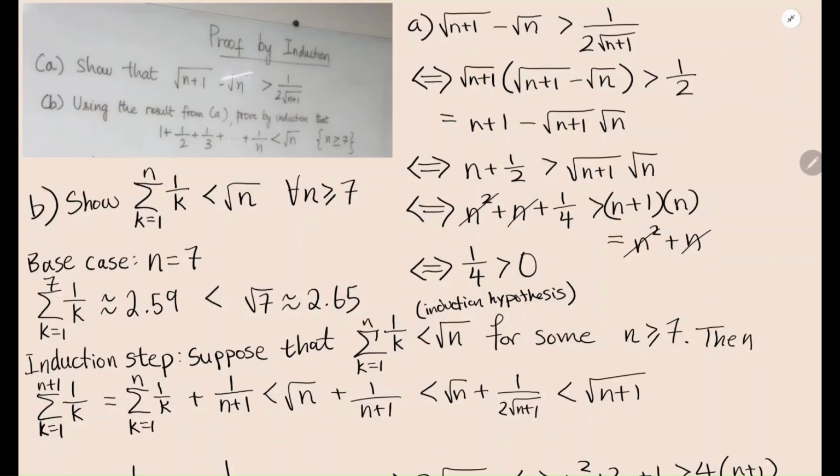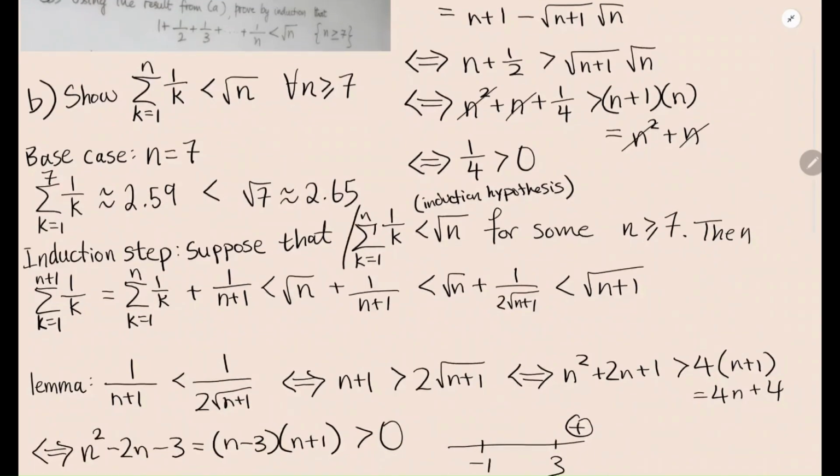Which is good, because I simply showed that if this was true for a specific n greater than or equal to 7, then the next term will also follow this inequality using the induction hypothesis, which is something we assume to be true. Is it true? Yes, it is. So is the n plus 1th statement going to be true? Yes, it is.